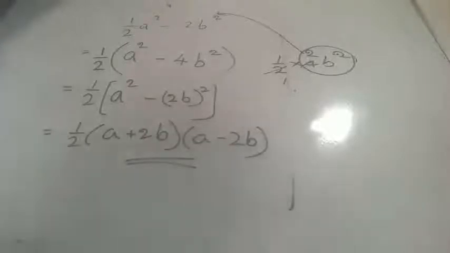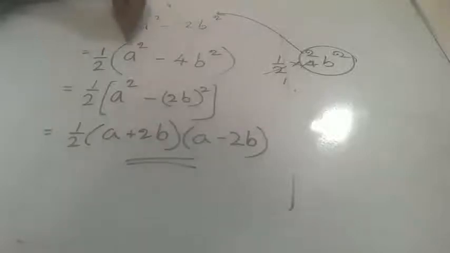Can we explain it again? Here, the question is factorize half of a squared subtract 2b squared. Half is a common factor. We take half as a common factor. Then half times a squared.